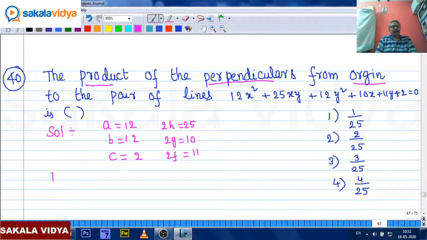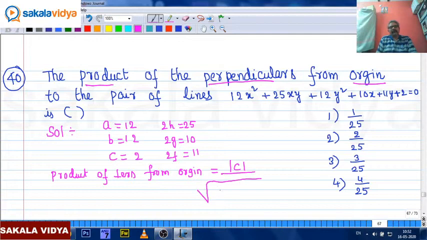So product of the perpendiculars from origin is mod c by root of a minus b whole square plus 4h square. 4h square also we can write 2h whole square, no problem.